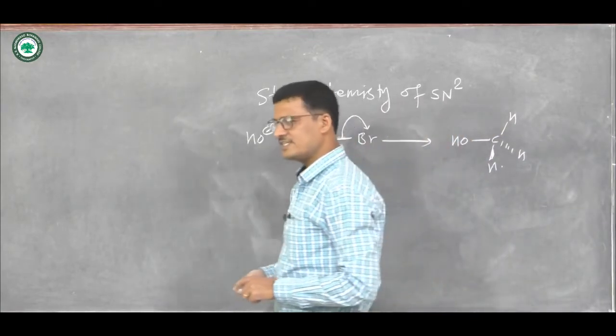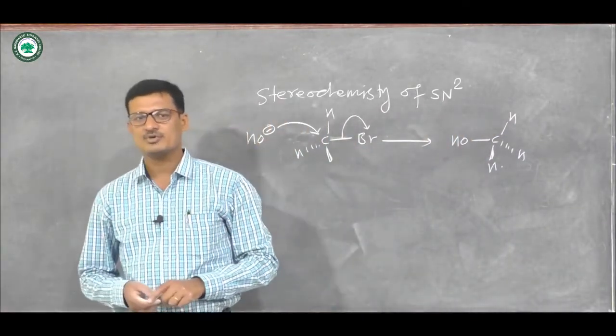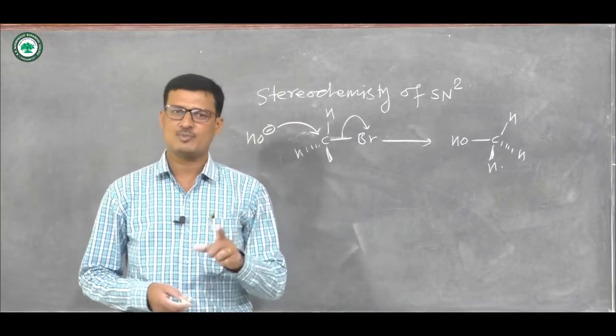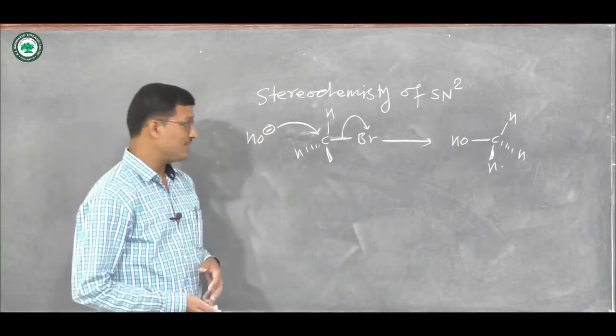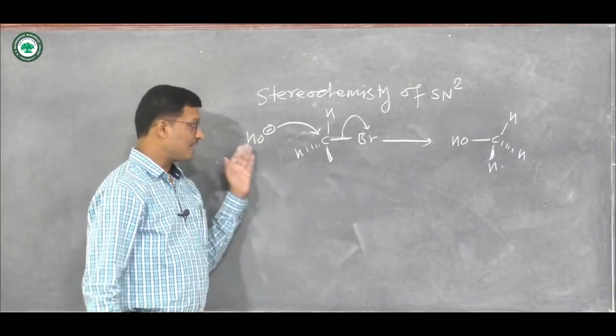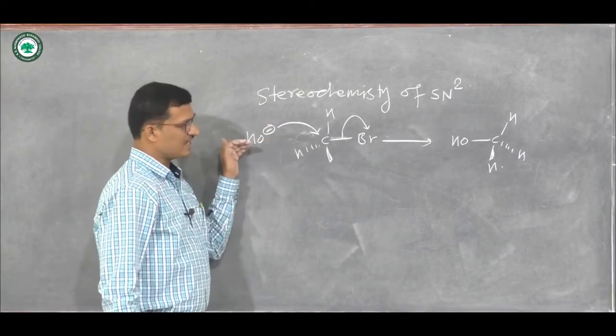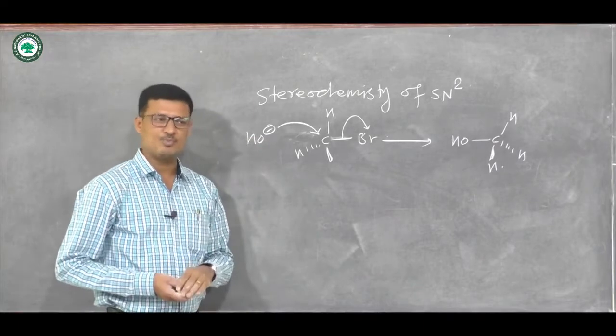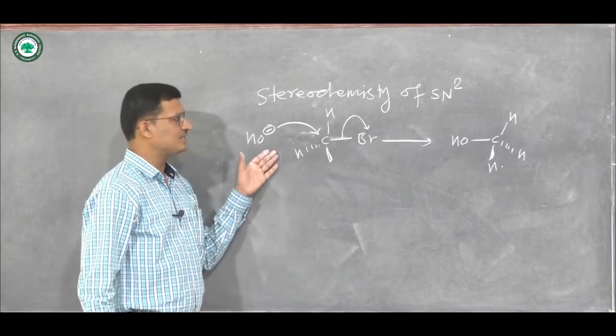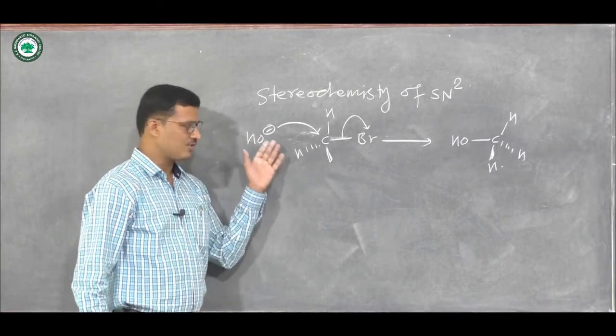Why is there an inversion of configuration? Because the attack of the nucleophile takes place from the opposite side of the leaving group. The leaving group departs from one side, and the nucleophile attacks from the opposite side, so the nucleophile is attached on the opposite side of the leaving group. That's why in an SN2 reaction there is an inversion of configuration.